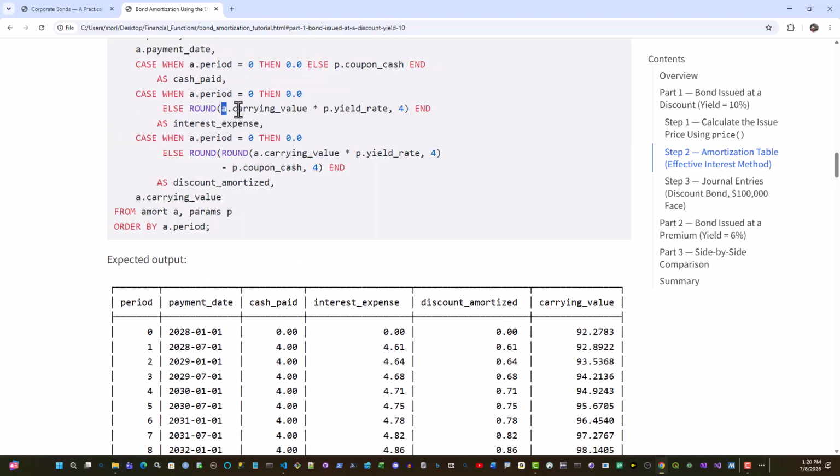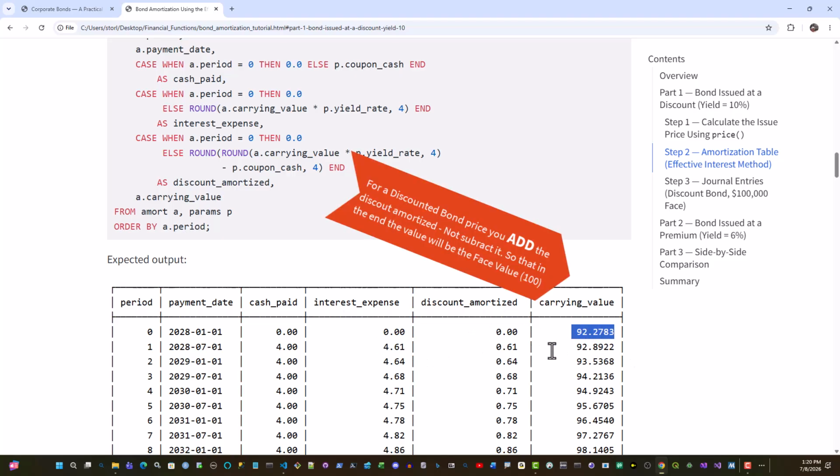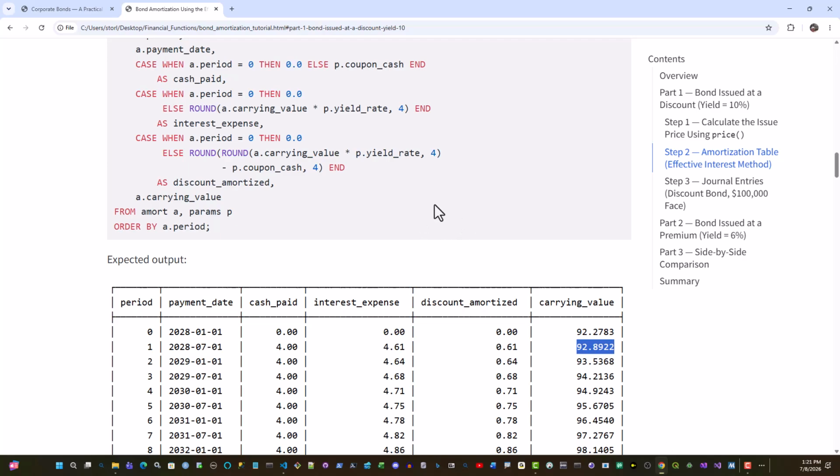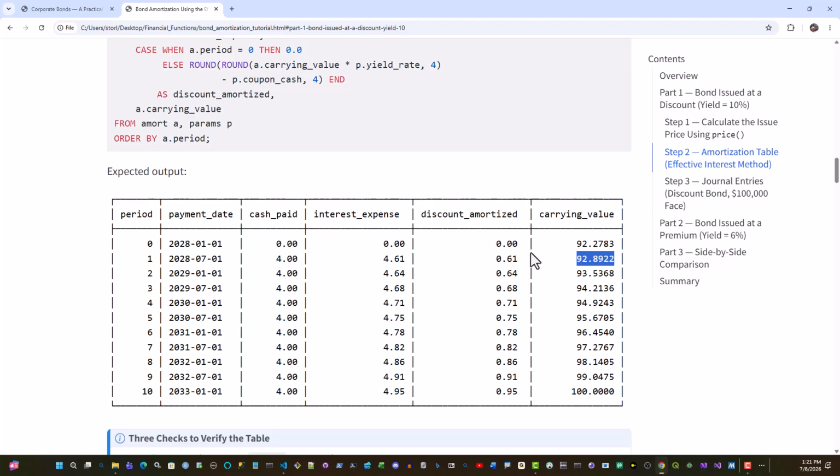But as you can see here, you take the carrying value times the yield rate, and that gives you the 4.61 here. This changes all the time because you start subtracting the discounted amount. Based on that, this will gradually go up because you are selling at a discount, and it's going to work itself back to the face value of 100.